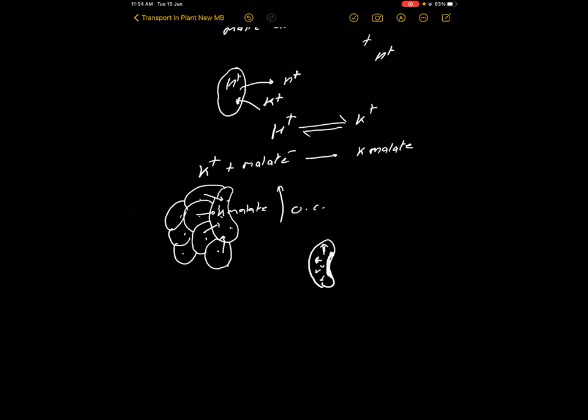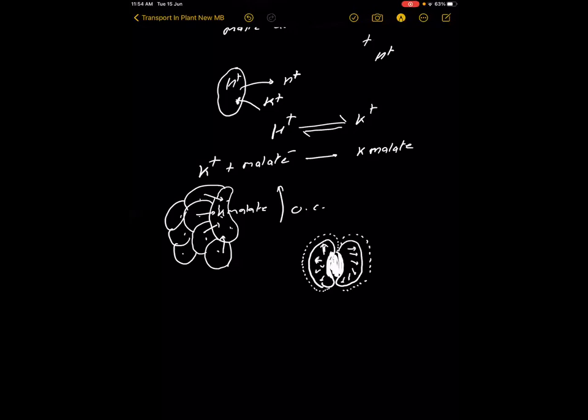Suppose this is the original position and this dotted one is after entering of water. So it is stretched, it pulls out. Because of this, here again the next membrane, this is closed guard cell or closed stomata. Because of entry of water, the outer wall is elastic, so it is stretched and moves outside.